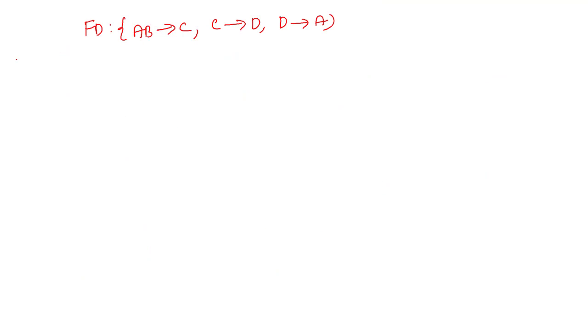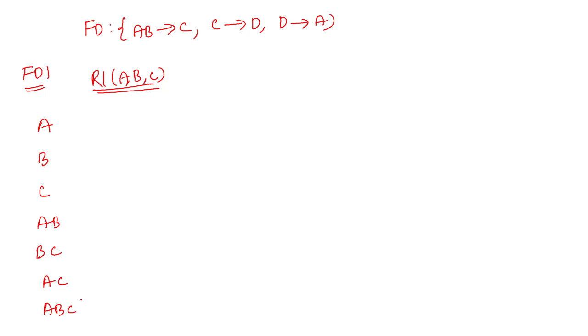Okay, to find out the functional dependency set FD1, you have to consider all the combinations of this relation R1 with 3 attributes. Take all possible combinations. Let us take the first one is A, then B, then C, and AB, and BC, and AC, and ABC. Okay, these are all the possible combinations.